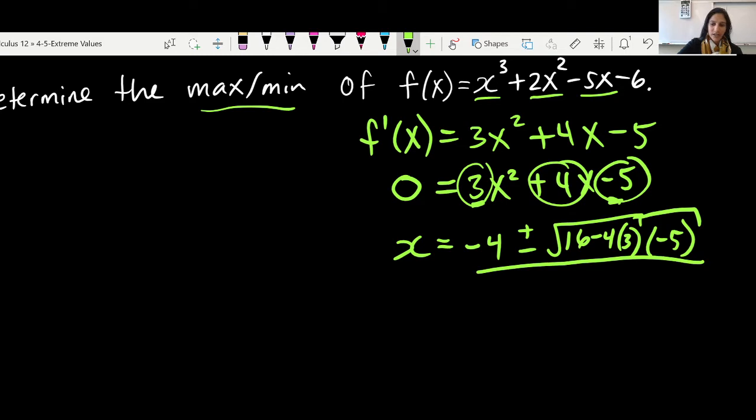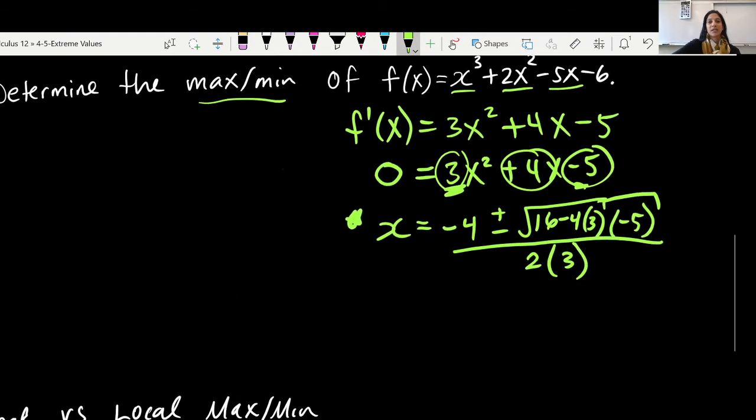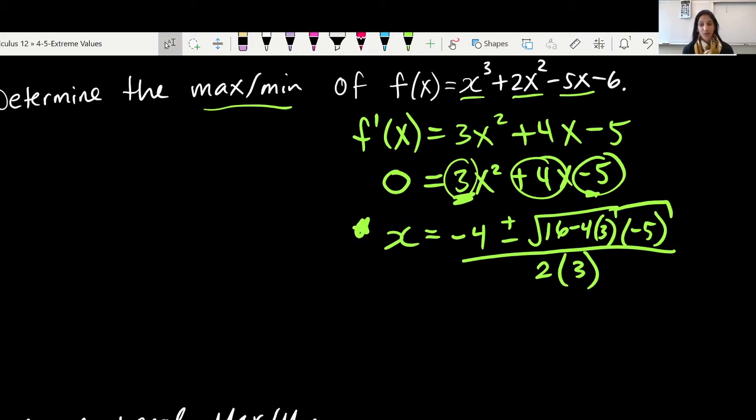All over 2 times 3, because it's all over 2a and our a value is 3. So there's a little bit of review built in, but what I've plugged in is simply us applying the quadratic formula. I'm going to assume that you all know how to simplify this, and I'm just going to tell you the result to make this easier.